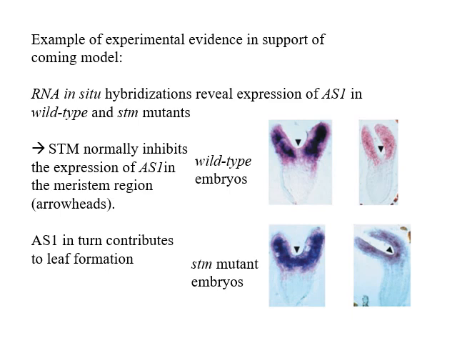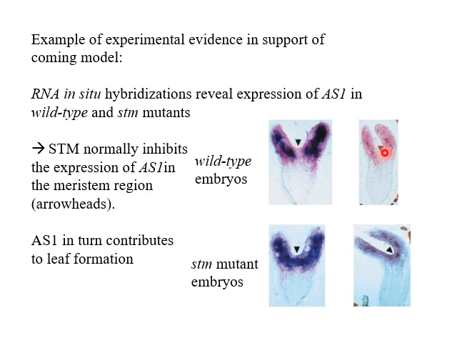Anyway, in this case it's asymmetric leaves 1, and we're looking at in situ hybridization in wild type embryos and STM mutant embryos. If you look at wild type embryos, you can see that AS1 is expressed in the cotyledon primordia here, here, here, and here. And it's not expressed in between the cotyledons where we have the shoot apical meristem.